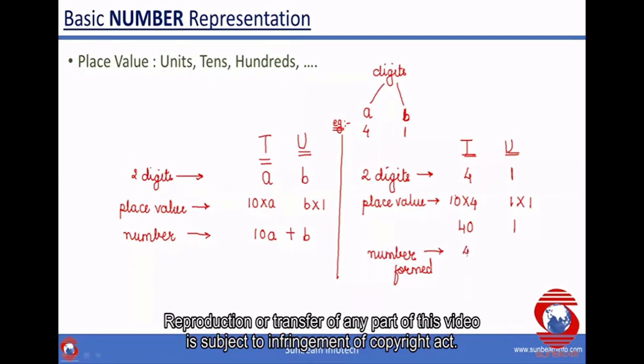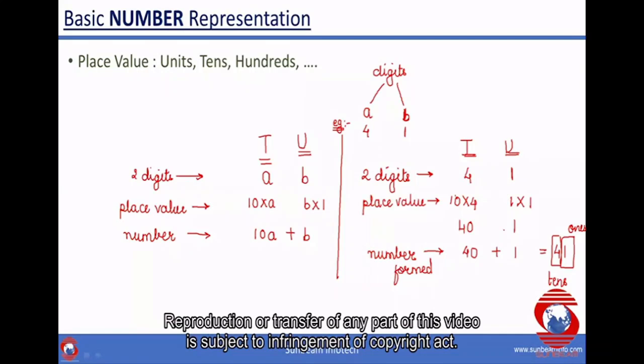You will combine these: 40 plus 1, which is equal to 41. One digit had place value of tens and the other digit had place value of ones. So can you see, the number formed is 41. Have you all understood the basic number representation?